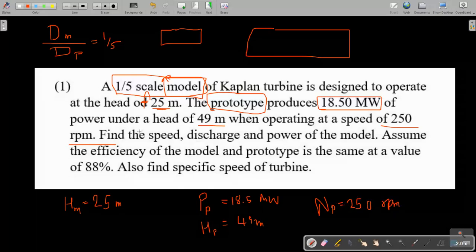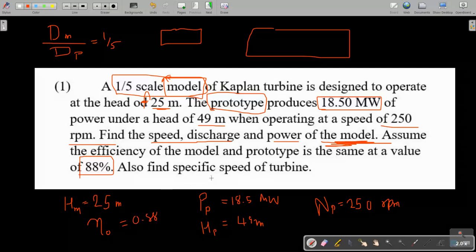Now what we have to find? We have to find the speed, discharge, and the power for the model, not for the turbine, for the model. That means a reduced scale. Assume the efficiency of the model and prototype is the same, and it is 88%. That means overall efficiency for both the model and prototype is the same, 88%.